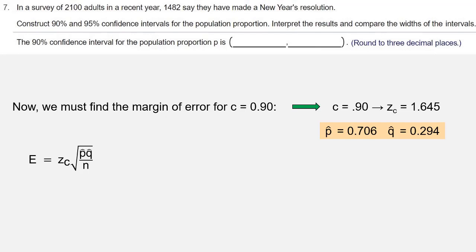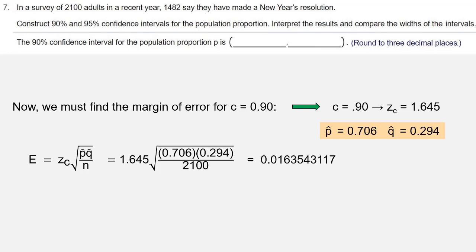So we insert those values where they belong: 1.645 times the square root of 0.706 times 0.294 over 2,100. When we multiply that all out, we get 0.0163543117. Rounded to 3 decimal places, it is 0.016.